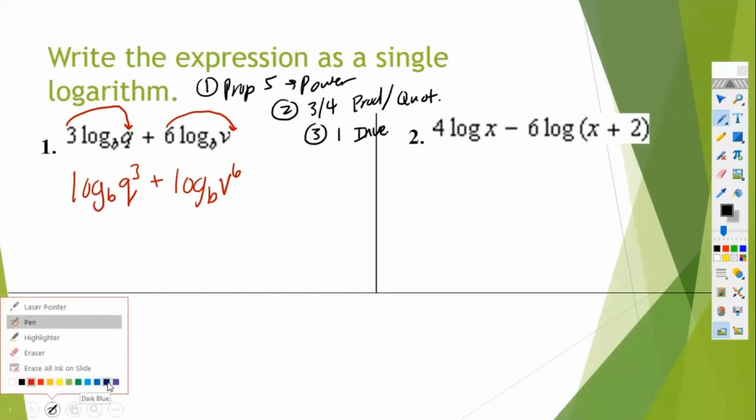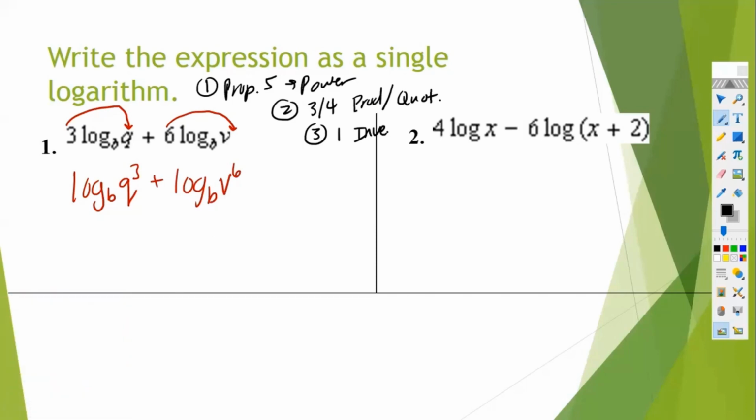Okay, so after you did property 5, you're now going to check, are you using product or quotient? Well, it's plus, so it's product. So we're going to end up multiplying. So to condense, I'm going to multiply same base, log base B, and I'm multiplying Q to the 3rd times V to the 6th.